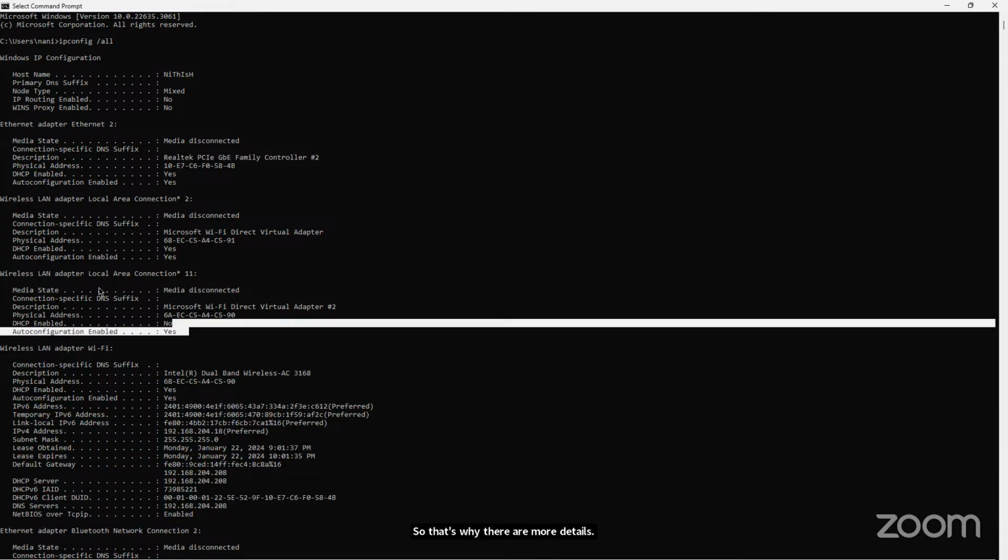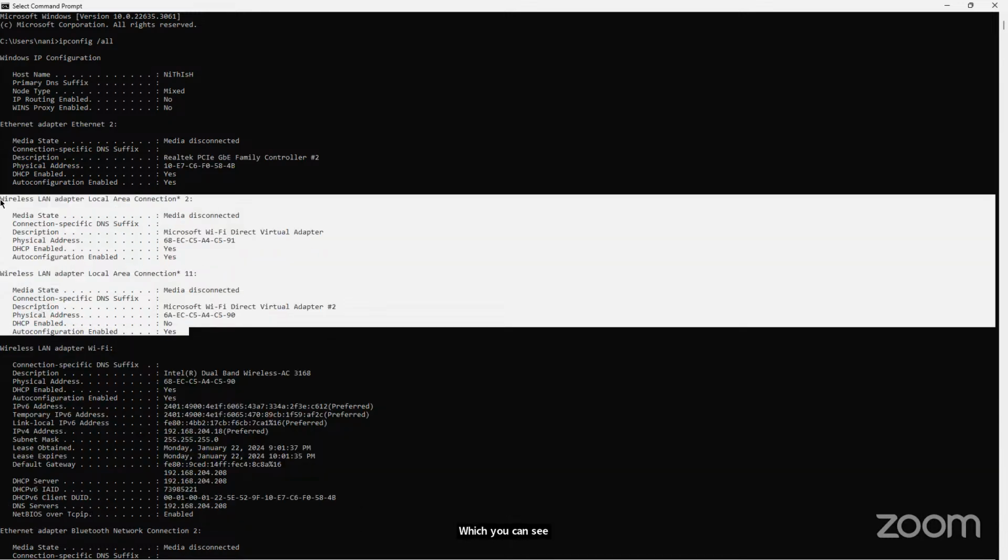These other two are also wireless, but they are not physical NICs. I have virtualized them. Let's not go into the topic of virtualization because that's another topic in our CCNA, but in brief, virtualization means you cannot see it, but you can use it as if it is present inside the laptop.